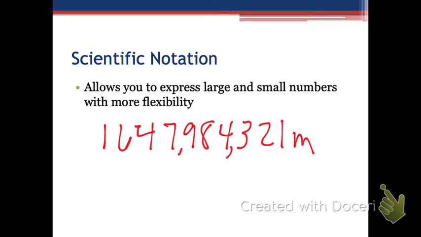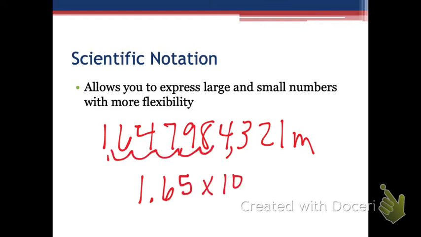Probably I shouldn't have measured it in meters if the number was going to be that big, but I did. Let's say I've got this exact number of meters, but I want to put it into scientific notation. 1.65 times 10 to the 9th would be maybe how I would do that.